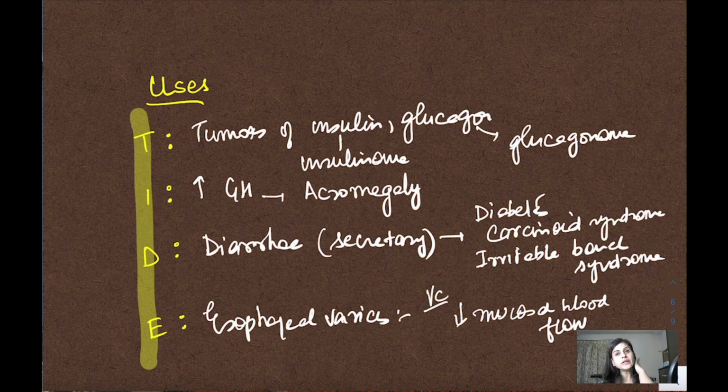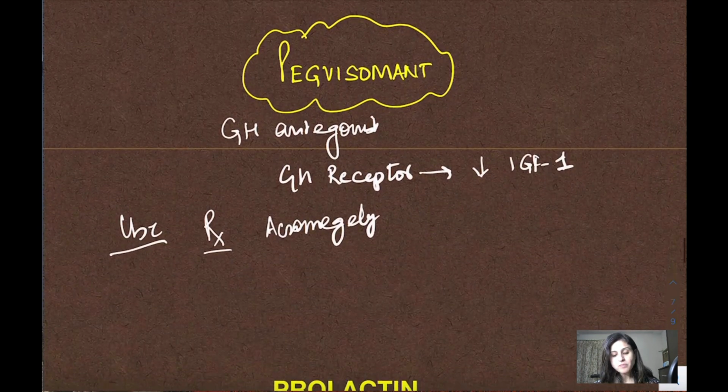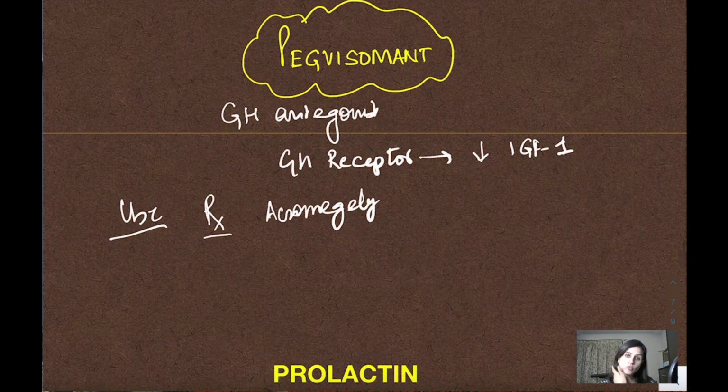D is for diarrhea, secretory diarrheas के लिए use हम कर सकते हैं, right? Then E is for esophageal varices, because these are potent vasoconstrictors and they can decrease the mucosal blood flow. That's the use of these drugs. Then pegvisomant is an antagonist of growth hormone and it is used especially for acromegaly.